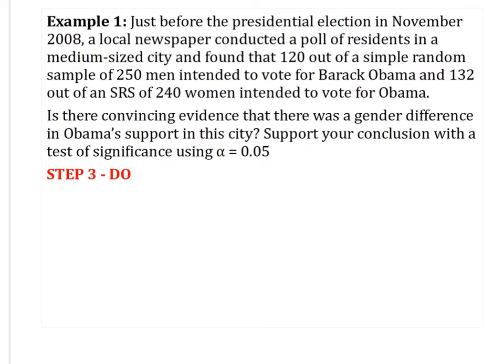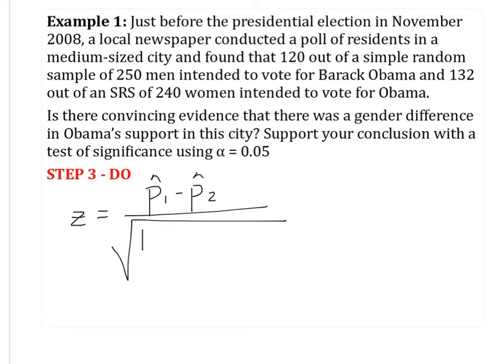Because then I get to my do step. And the do step is that formula: Z equals P hat 1 minus P hat 2 over the giant square root of P hat 1 times 1 minus P hat 1 over N1 plus P hat 2 times 1 minus P hat 2 over N2. So all I have to do is substitute my pieces into this formula, and then I can use my calculator.